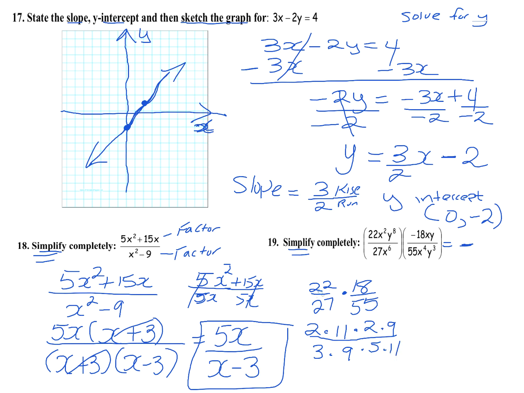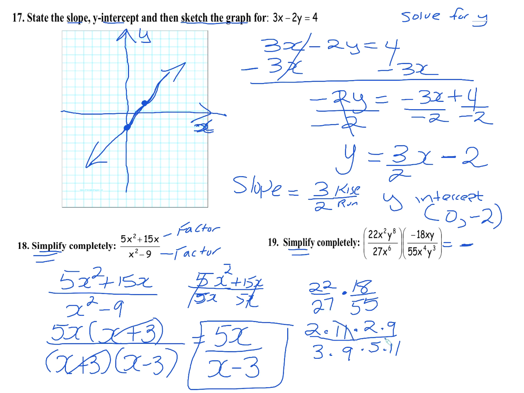So notice what I did. I brought 22, 27, 18, and 55 into their factors. And I looked for like factors. So when I got the 18, I chose 2 times 9 rather than 6 times 3 because I saw the 27. Okay, let's start canceling.